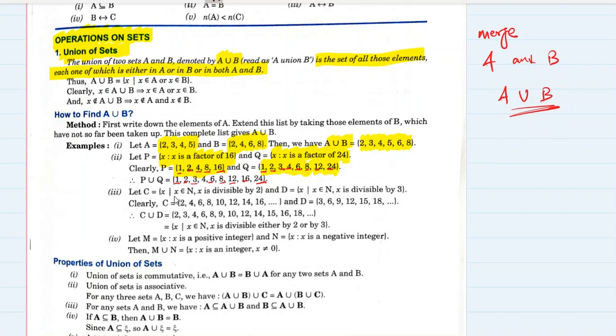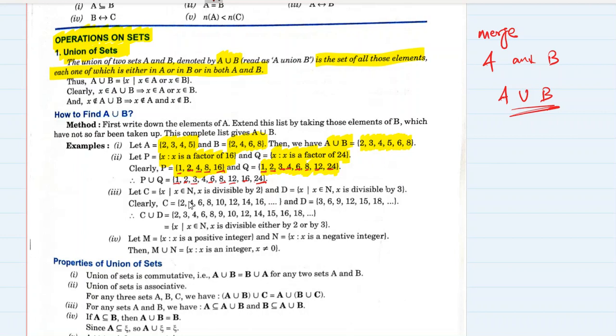C is a set of all elements X such that X belongs to natural numbers and X is divisible by 2, which means X is an even natural number. And D is a set of all elements X which belong to the set of natural numbers such that it is divisible by 3.